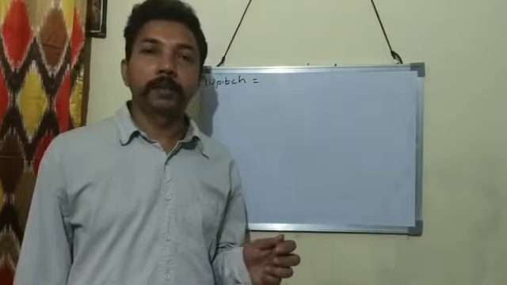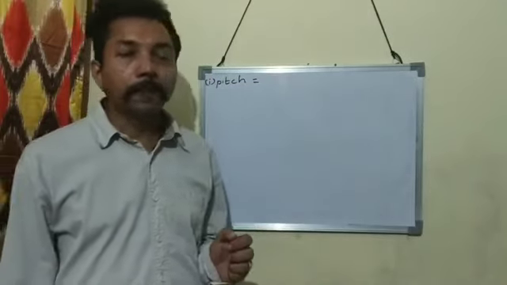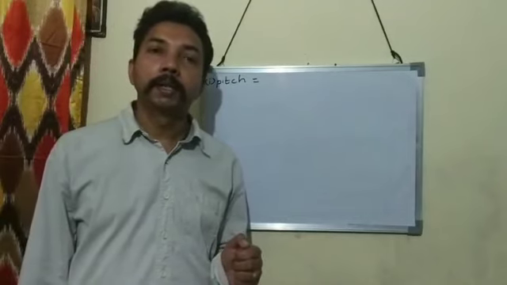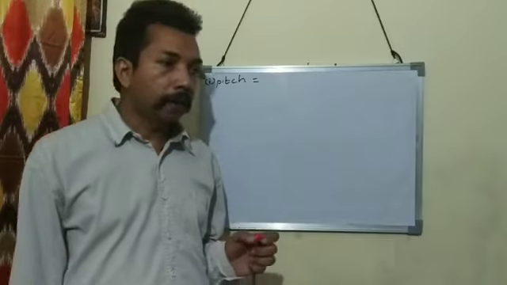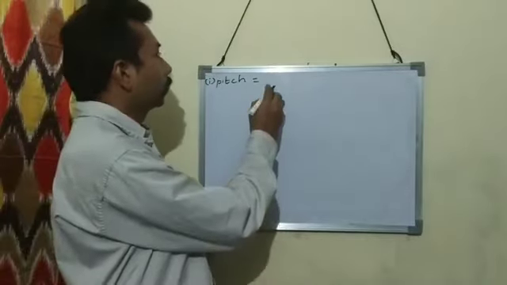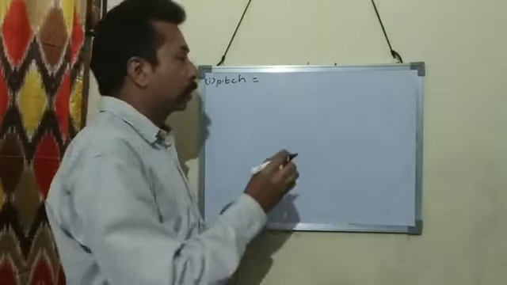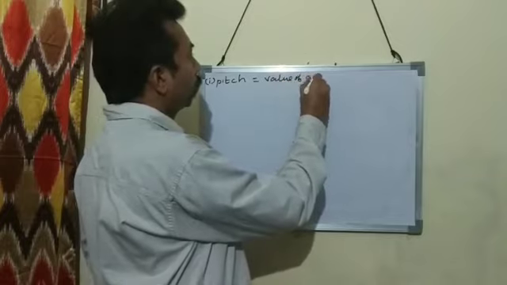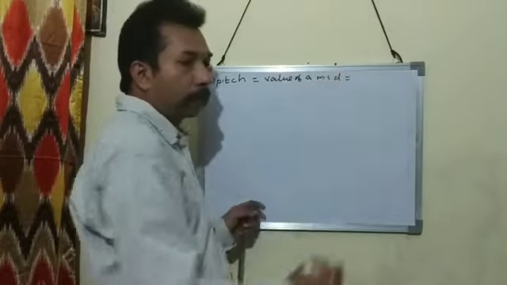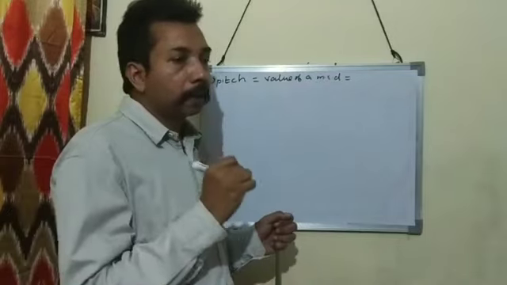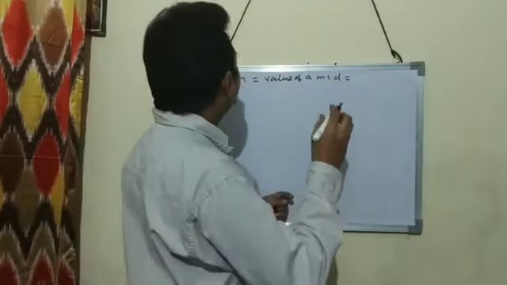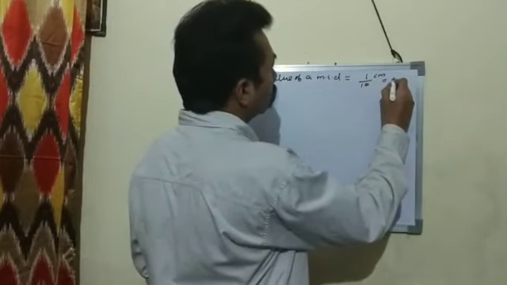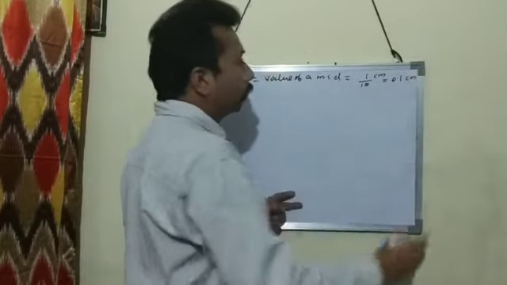In the question it is given that in 1 centimeter there are 10 main scale divisions. So the pitch will be 1 centimeter upon 10, which is equal to 0.1 centimeter.